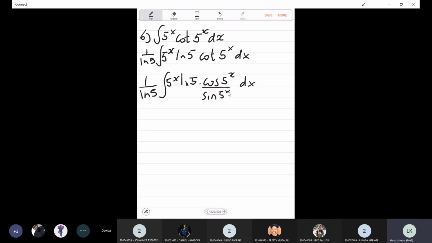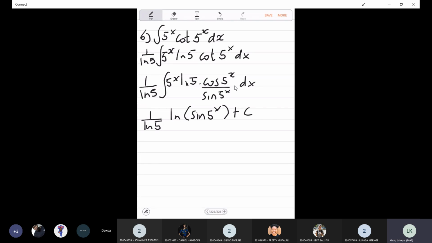So we have the entire derivative of our denominator there, and now we can just integrate. So this is 1 over ln of 5, and we can look at it as sine of 5 to the power of x to the power of minus 1. So the integral of that is ln of sine 5 to the power of x plus c.